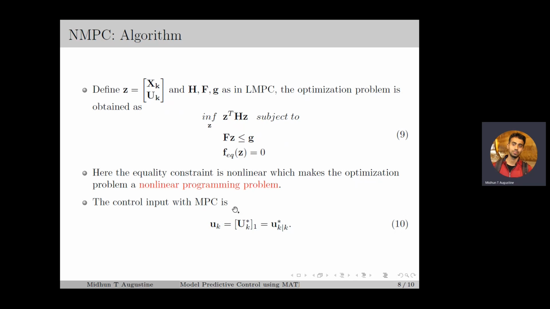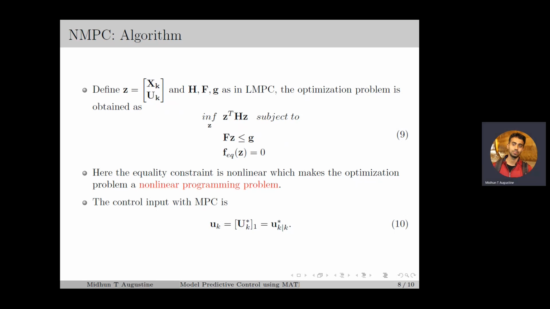Then, by defining the optimization vector Z, which contains Xk and Uk as its elements, and H, F, and G as similar in LMPC, the optimization problem for NMPC is obtained as in equation number 9, which is a nonlinear programming problem. Here, the equality constraint FEQ depends on the current state xk.